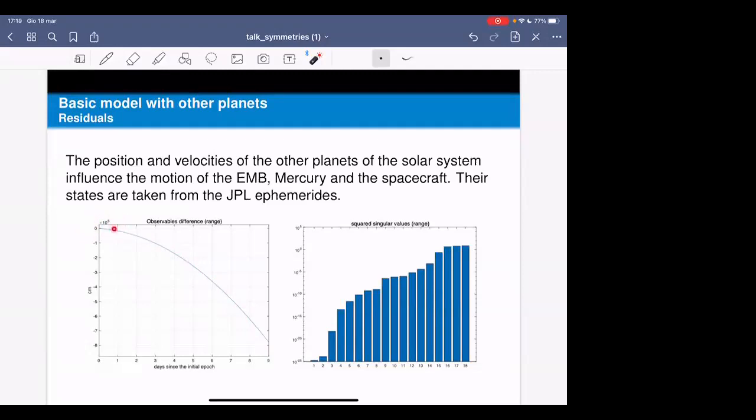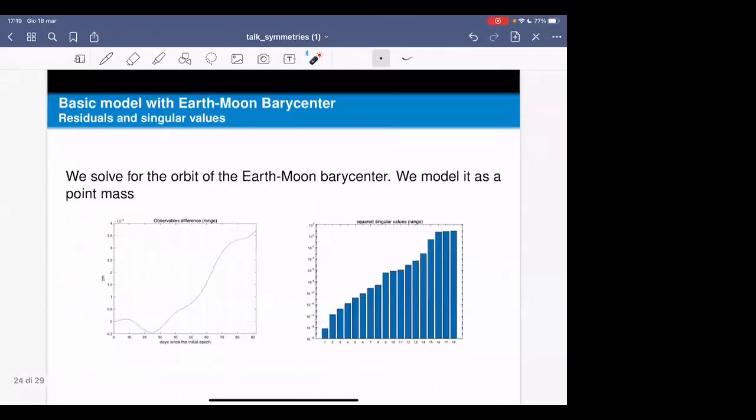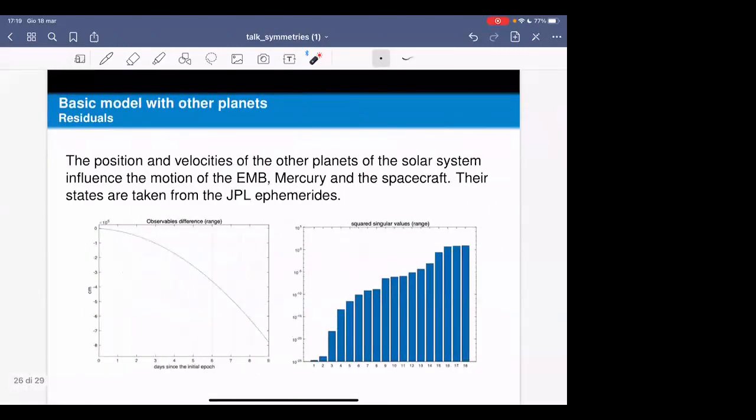As you can see, this is kilometers, while before we had thousands of kilometers, even millions. And in fact, the eigenvalues are still very small when including the other planets in the model. So what we see is that the effect of these planets does not change the symmetry much.